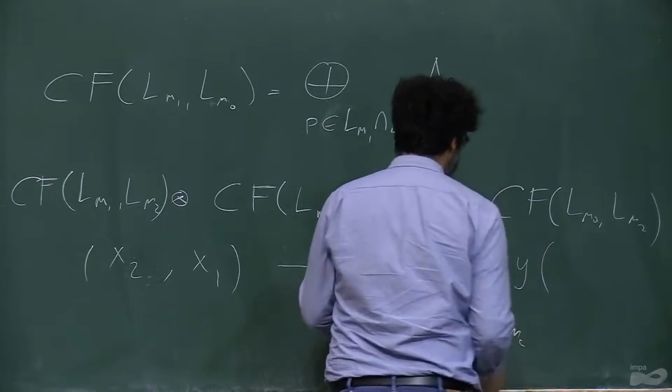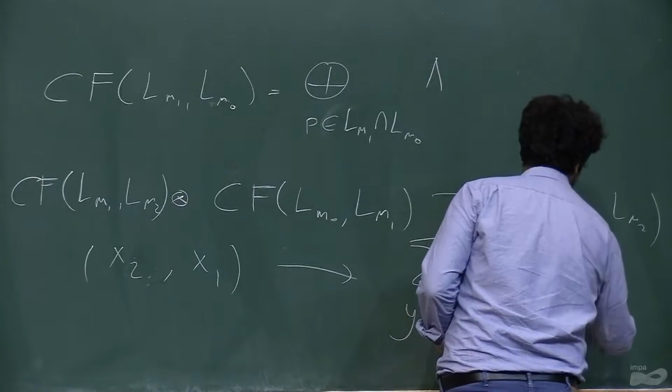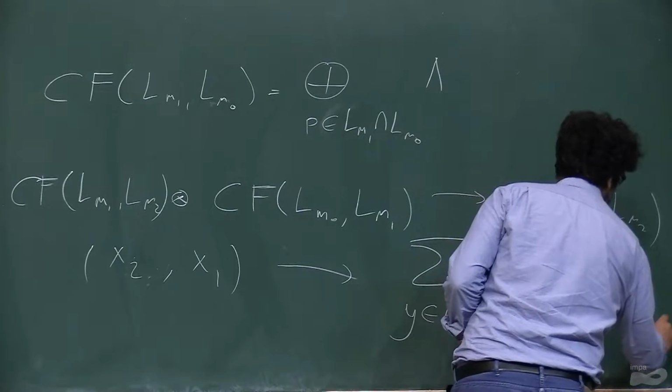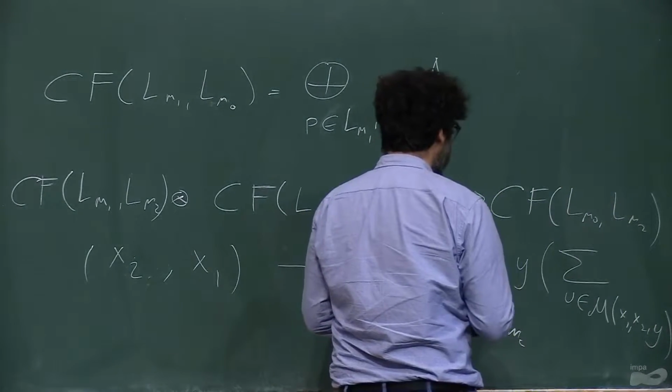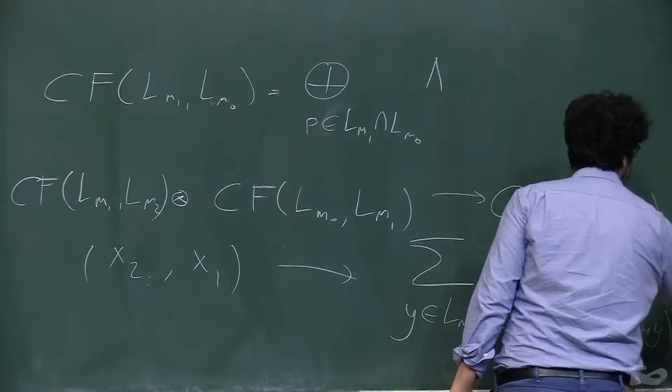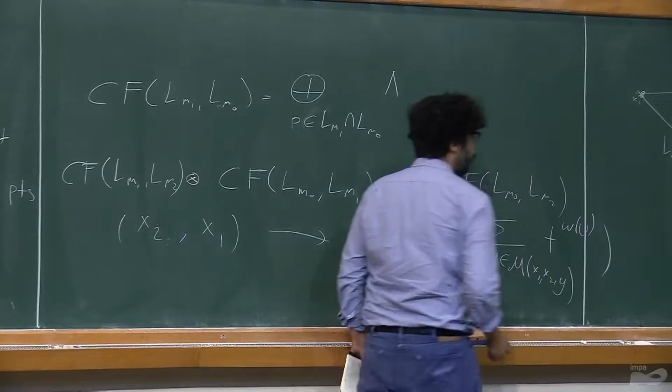But it's weighted by counts of holomorphic triangles, right? Such as the ones that I drew. And with a formal parameter T and the area of the triangle. Okay?